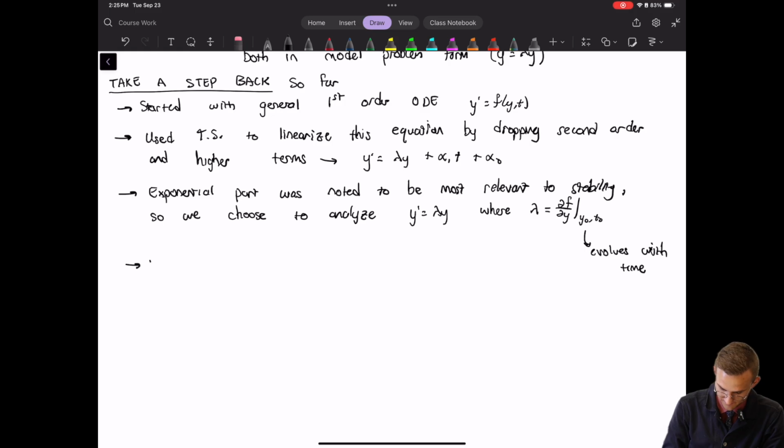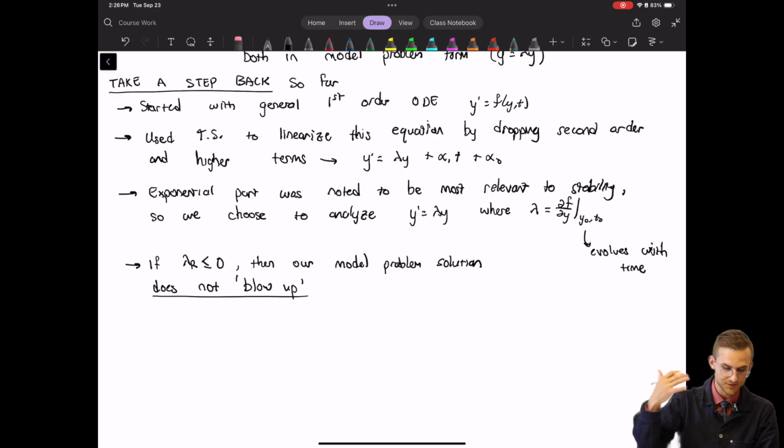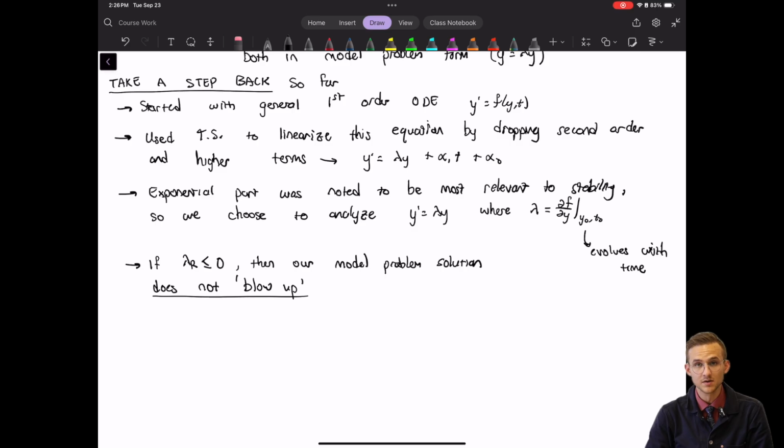So if lambda r, the real part of lambda, is less than 0, then our model problem solution does not blow up. And remember, the solution to the model problem is describing the first order behavior of the solution to the general ODE.